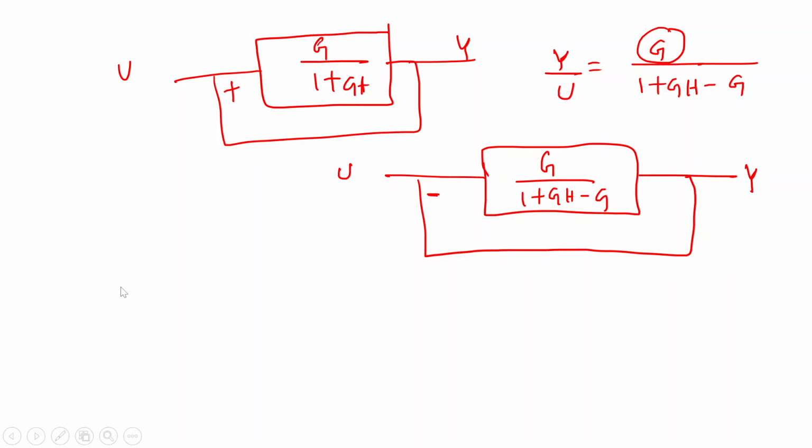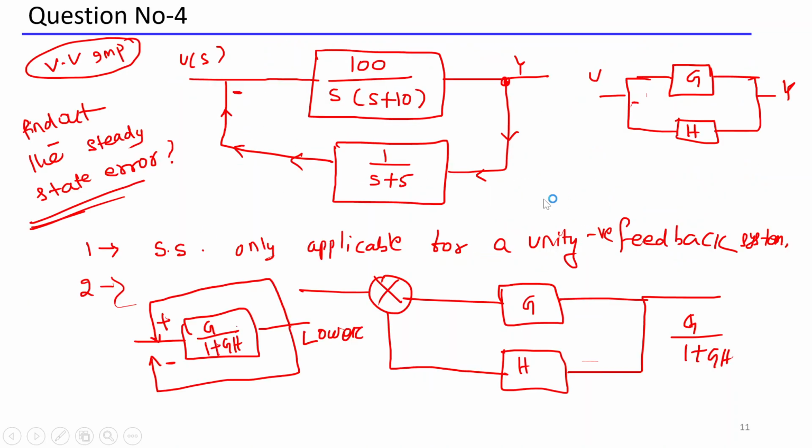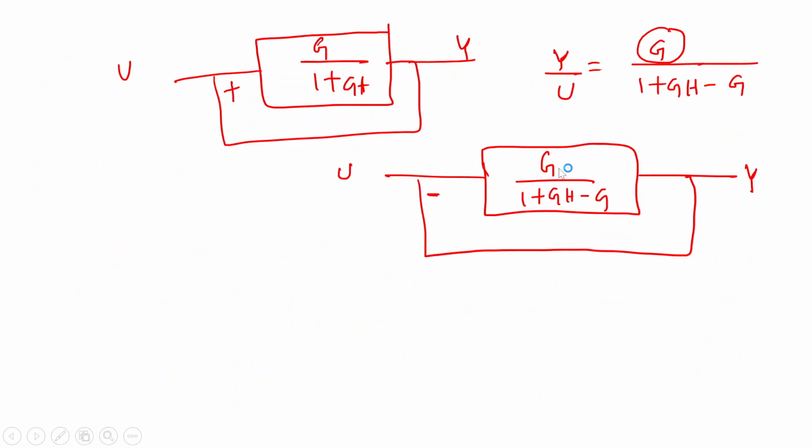Now the earlier question, whatever question I gave, you convert this system, because this system is a non-unity feedback system. Now after solving you get the unity feedback system. Now you solve this value, G divided by 1 plus GH minus G. Now you have a unity feedback system.